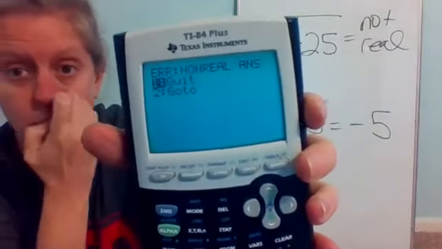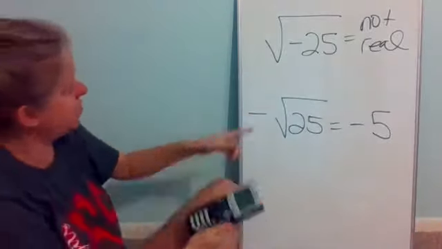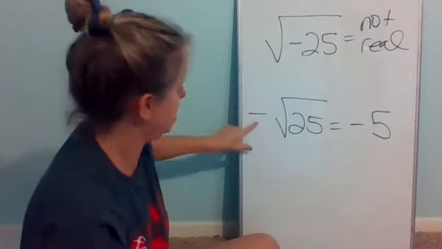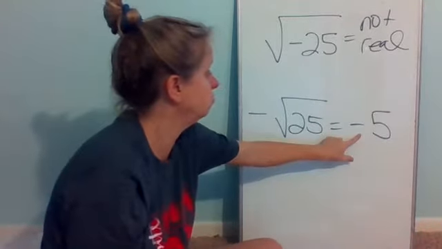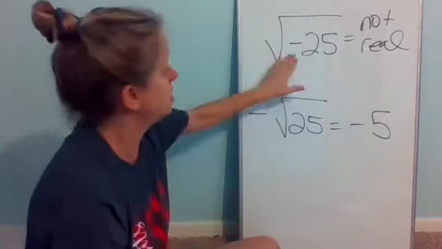Non-real answer. It's not a real number answer. Okay, so that's the difference. Negative on the outside doesn't affect it. It just comes over. Negative on the inside of a square root is not real.